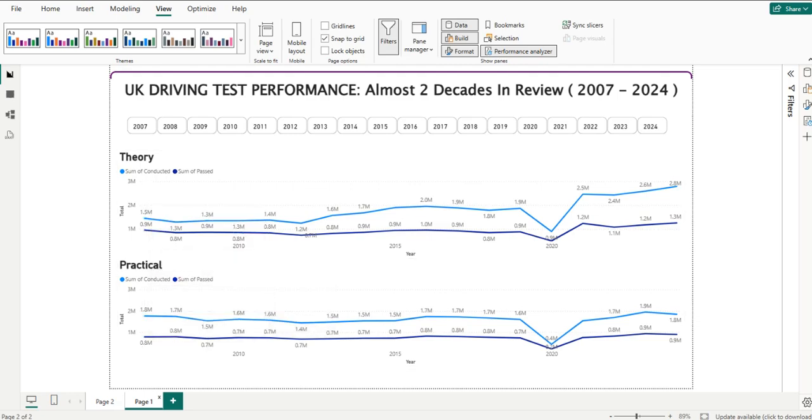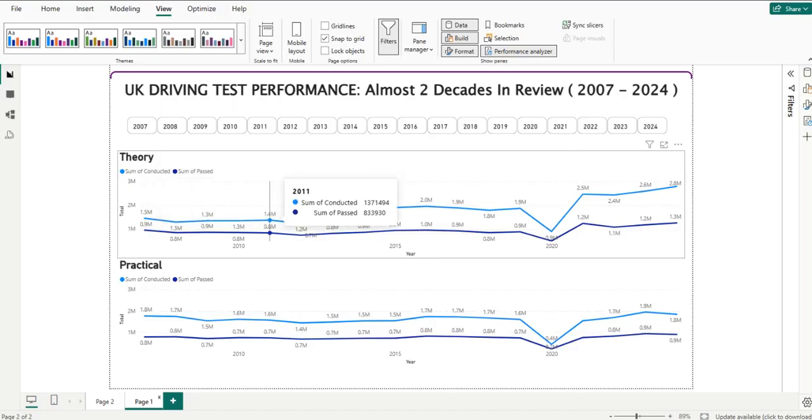So one of the things that you can see from the theory is that the chart is moving all the way up. It's going up here, meaning that more people are taking the theory test. And it gives you the impression here that those that are passing are also going up. Now, I say it gives you the impression because the chart here has about 900,000.